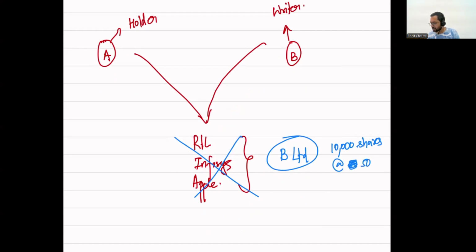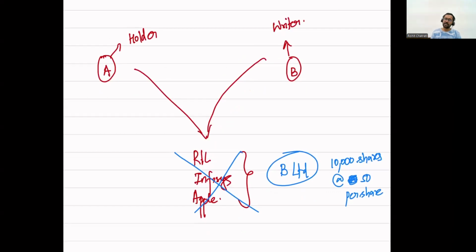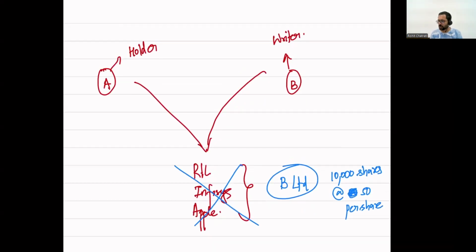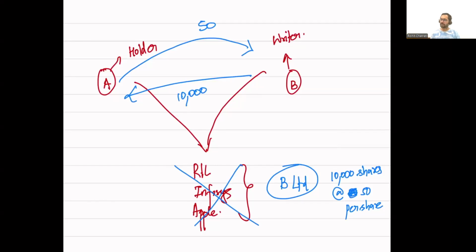In the next 3 months, if A Limited exercises, it would pay 50 per share to B Limited, and B Limited will have to issue 10,000 equity shares. B Limited will deliver 10,000 of its own shares to A Limited.